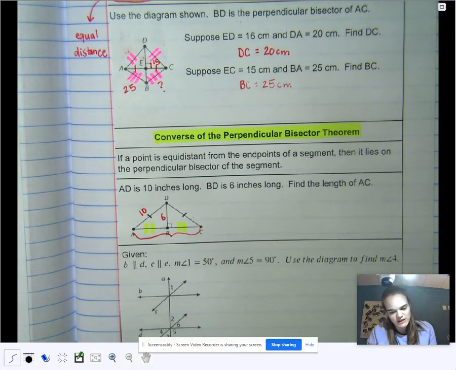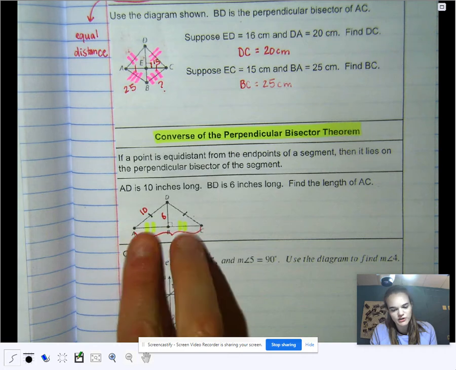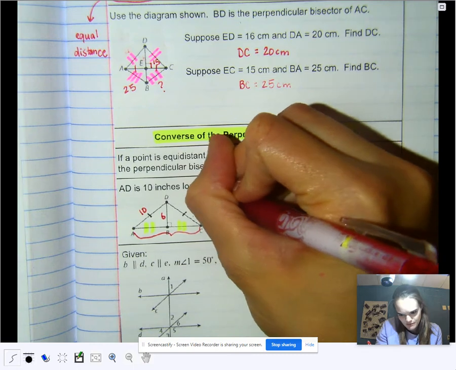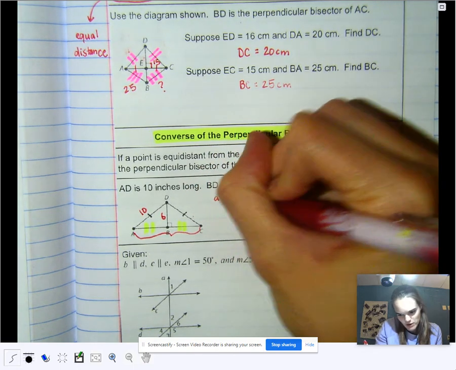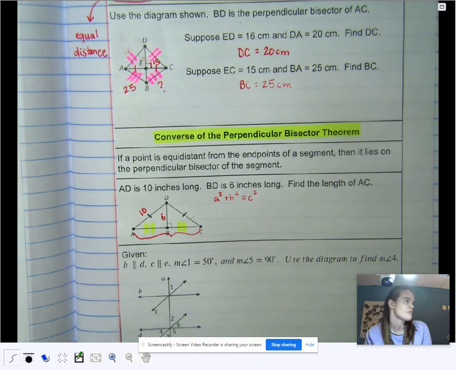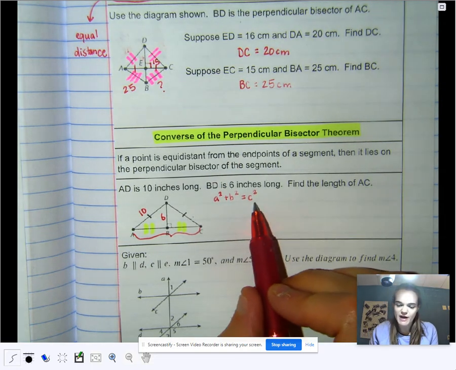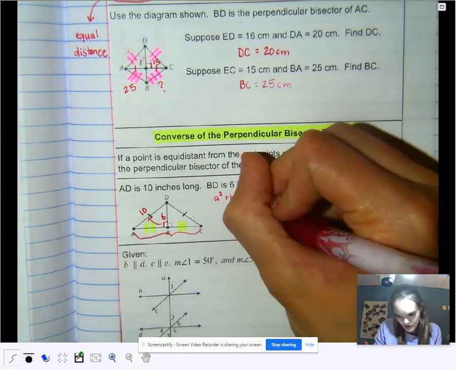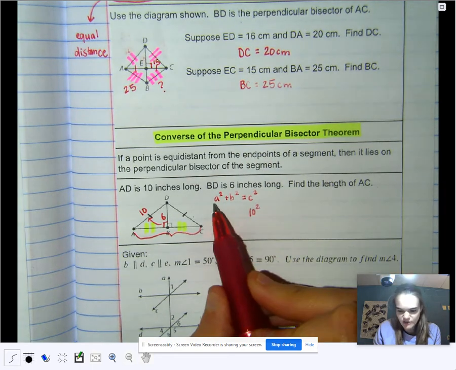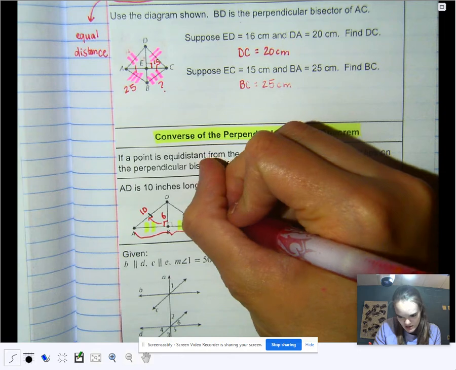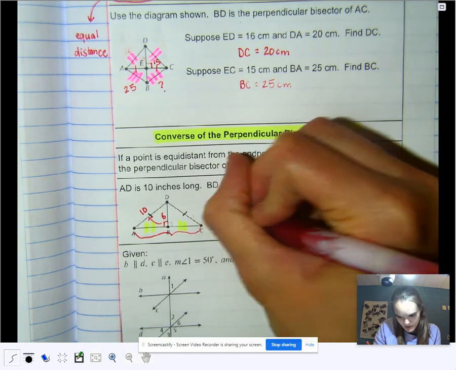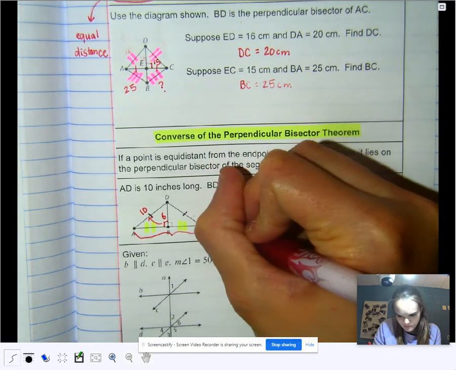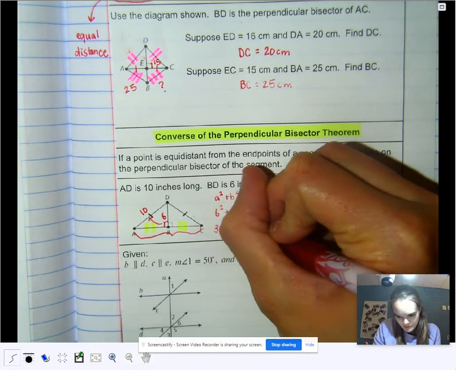What we're going to have to do is find AB first, and then we can double it since they're congruent. But to find that, we're going to have to use the Pythagorean theorem. Remember, a squared plus b squared equals c squared. Now remember, c squared has to be the hypotenuse. The hypotenuse is across from the right angle, so c squared is 10 squared. And it doesn't matter if 6 is a or b. I'm just going to say it's a. I should have probably made it b so it didn't look like a 6 and a 6. Okay, so 6 squared is 36 plus b squared equals 100.